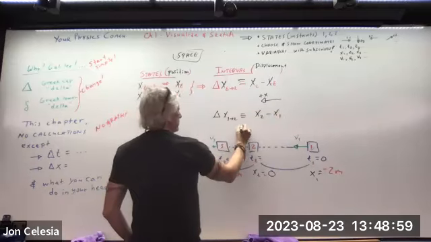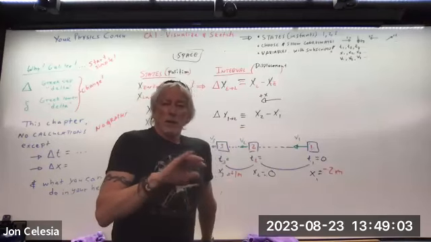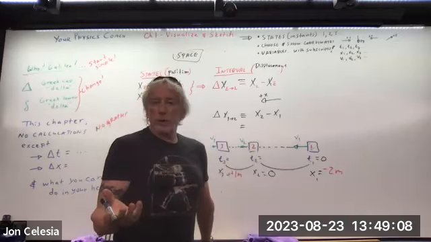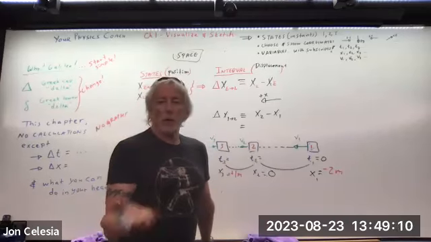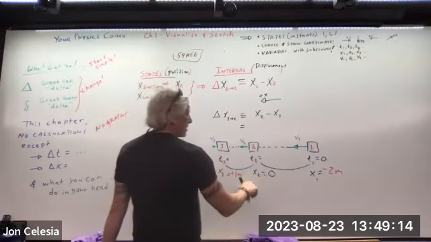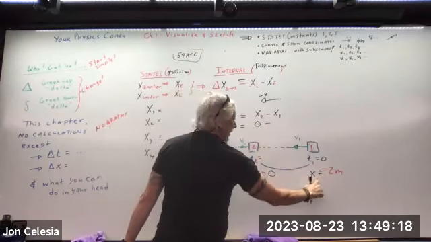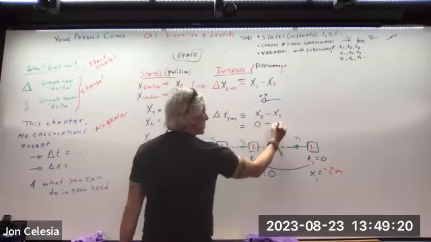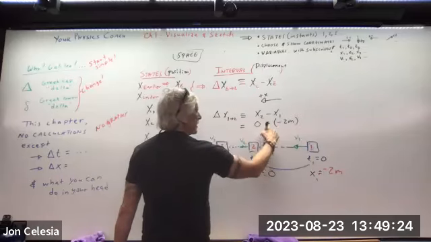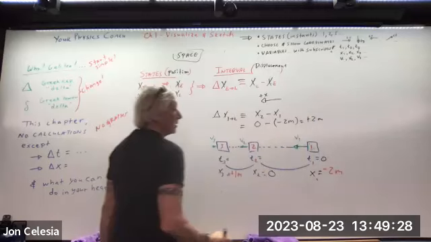Watch what happens. It's very easy to make negative sign or minus sign errors. We do it all the time, all of us. And we catch ourselves if we have good techniques. We catch it real quickly. X2 is 0 minus X1, which is, and here's what I encourage you to do, minus 2. Minus a minus 2 is plus 2 meters.